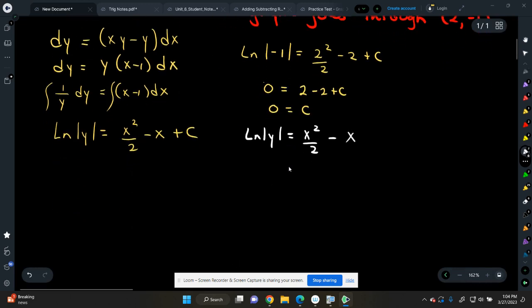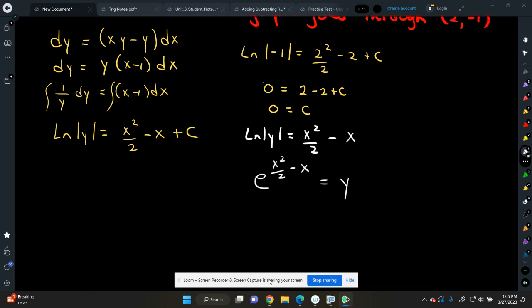So this means that e to the power of x squared over 2 minus x is equal to y. Is that our answer? That's actually not our answer.